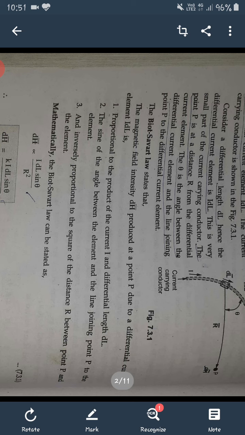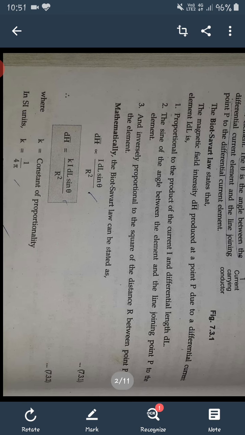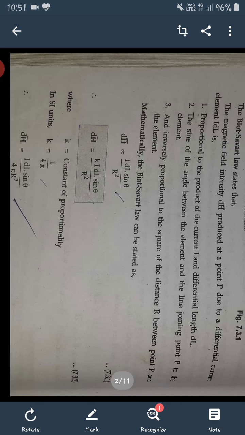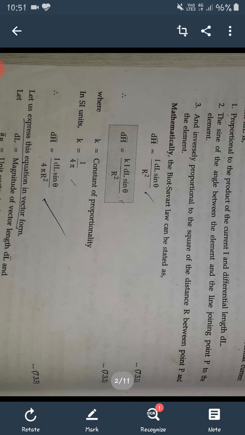Or you can write this equation removing the proportional, dH equal to K IdL sine theta by R square, where K is the constant of proportionality and it is equal to 1 by 4 pi. Therefore, we will write this as dH equal to IdL sine theta by 4 pi R square.